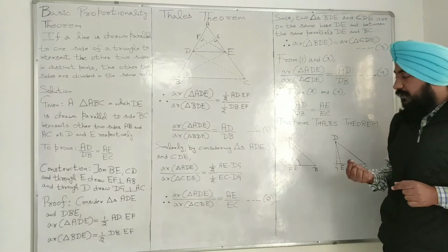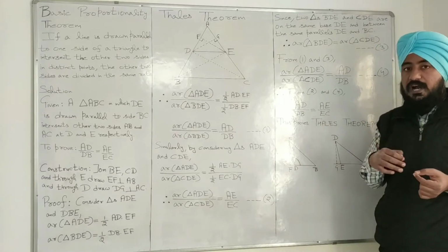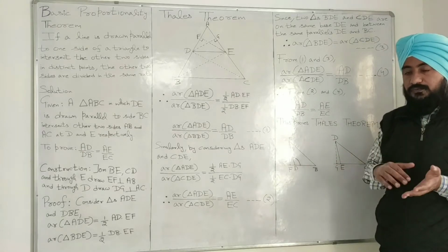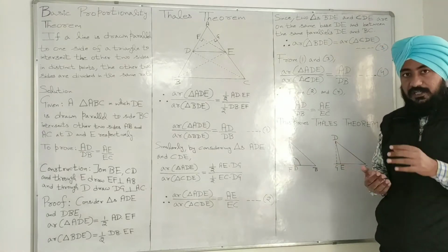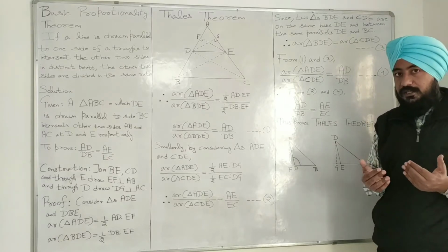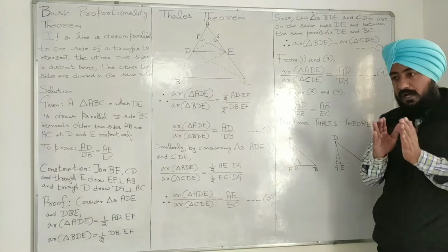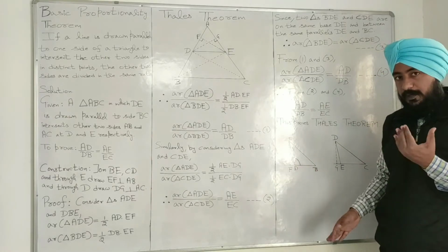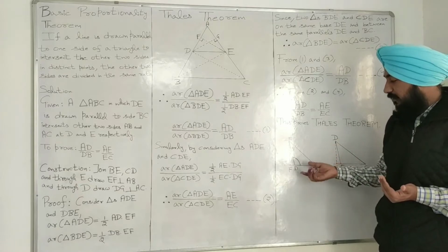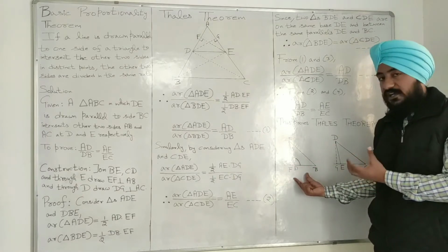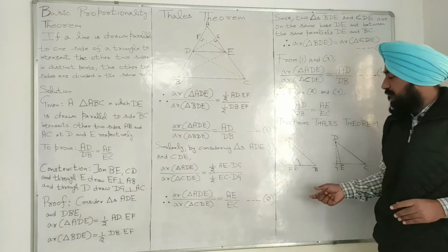I am repeating again, we can't measure the height of an obtuse triangle inside the triangle, so we have to take the perpendicular outside the obtuse triangle. So this is the perpendicular EF, and here you can see the extended or produced base DB.